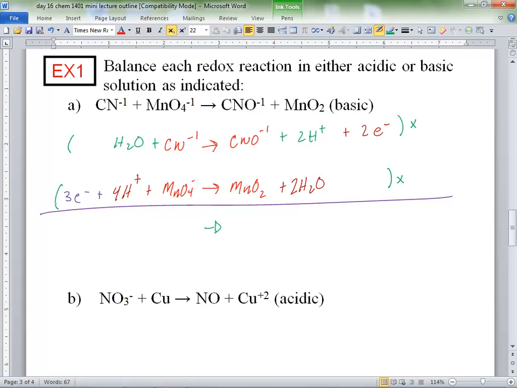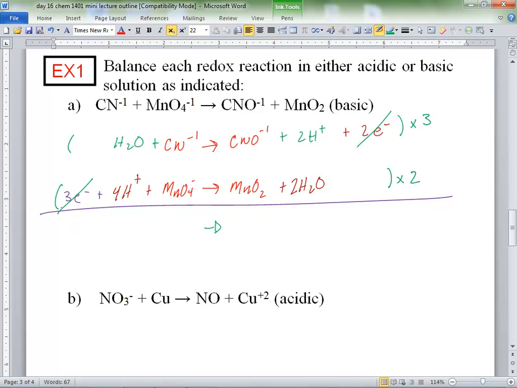Top one times a 3, bottom one by a 2. So really we'll have how many electrons canceling? All of them, all 6. So just get rid of them so you don't have to worry about them now. You see that, Jonathan? Jonathan, you see what we did? Make sense? Okay.